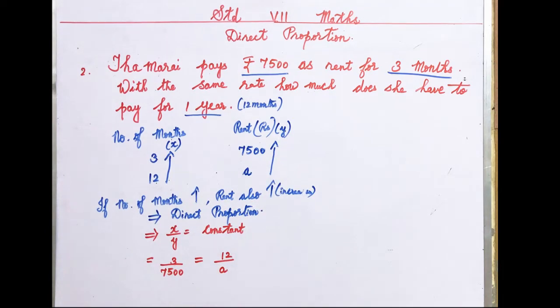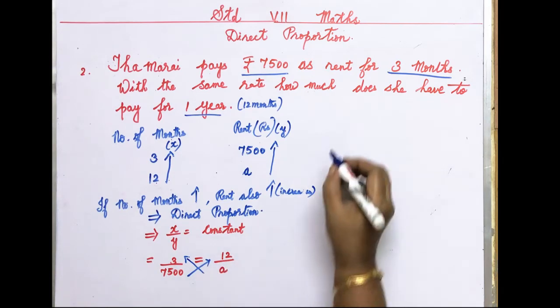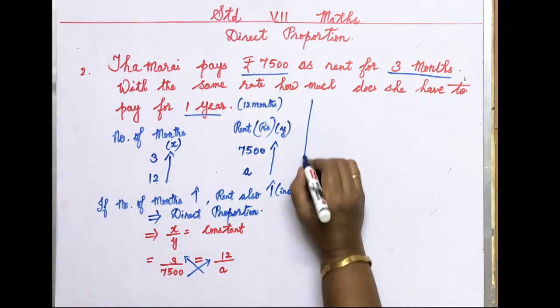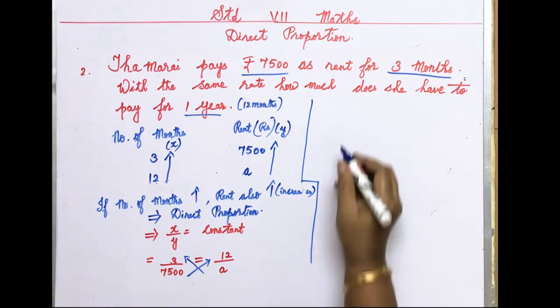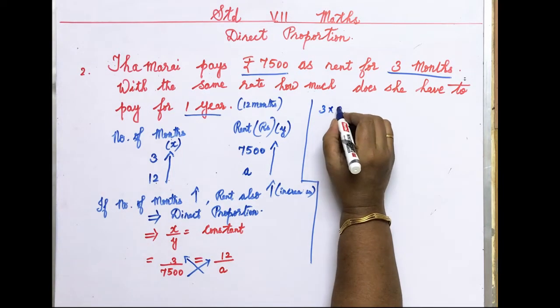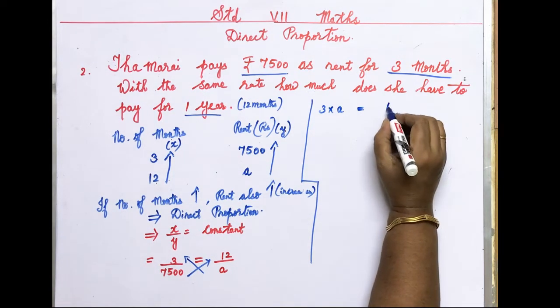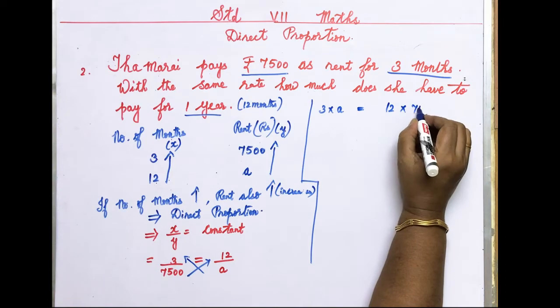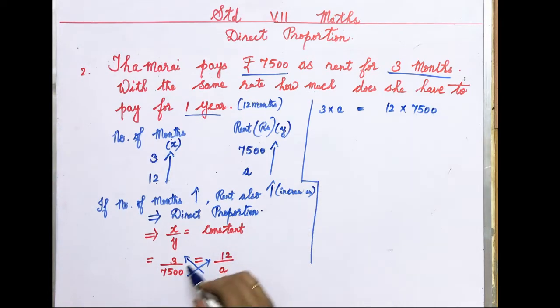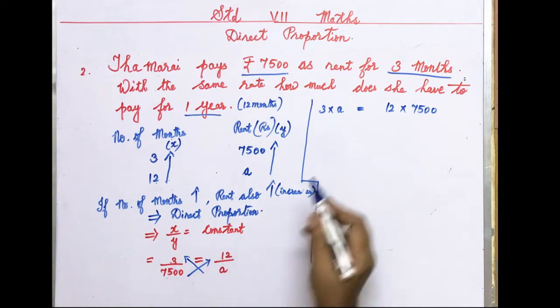Next step is we have to cross multiply. So 3 into a is equal to 12 into 7500.